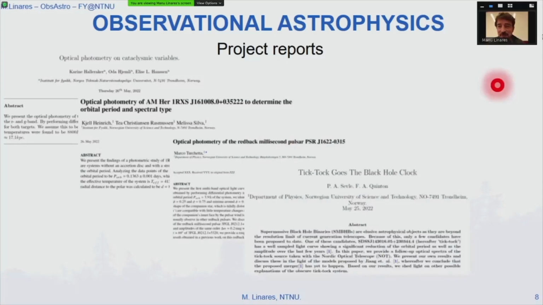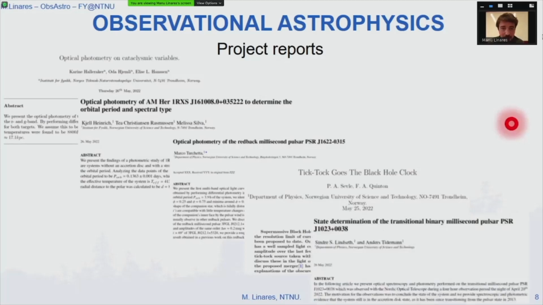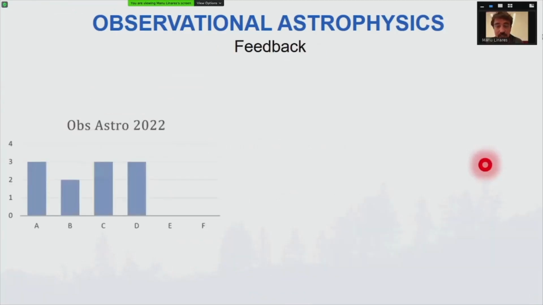This group took a spectrum of the tick-tock supermassive black hole binary candidate, let's say, and then state determination of a transitional binary millisecond pulsar. So, you know, it's nice to see how they go from 0 to writing these little papers in a semester, which is what this course lasts.